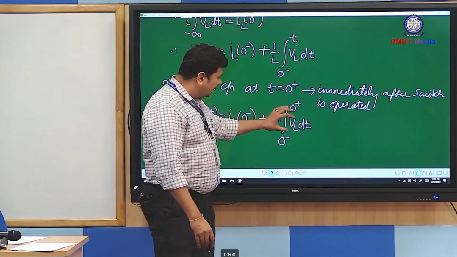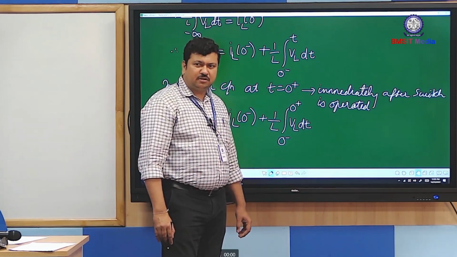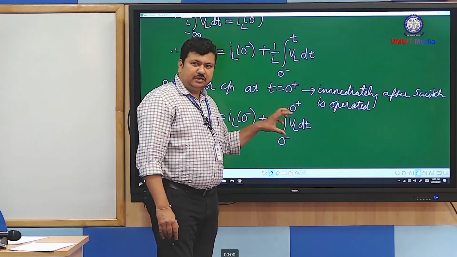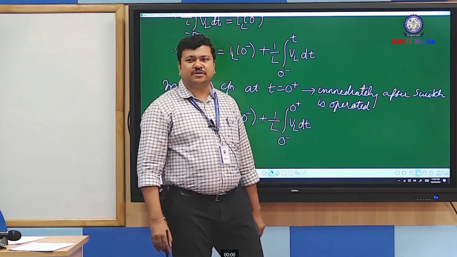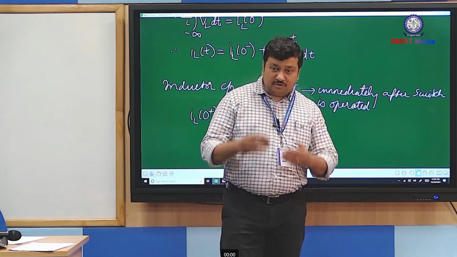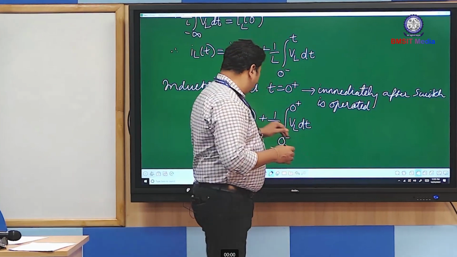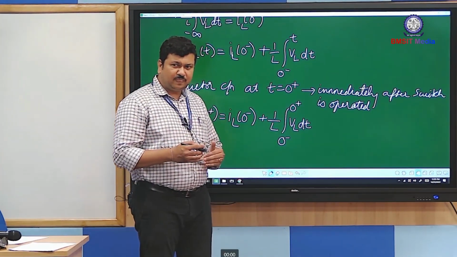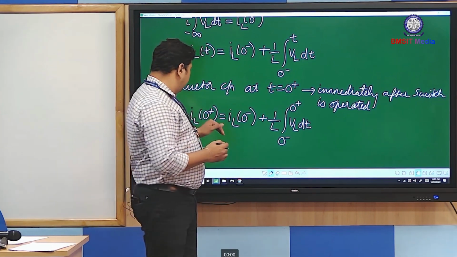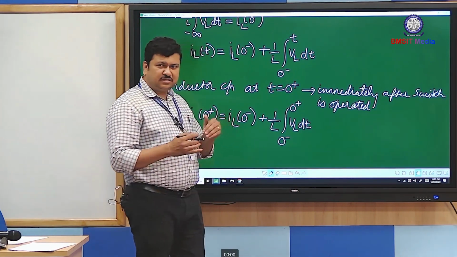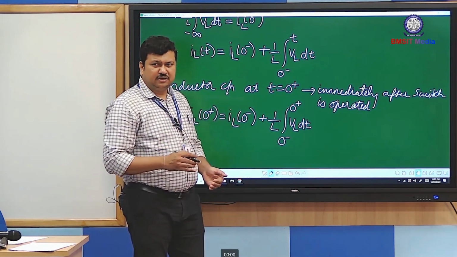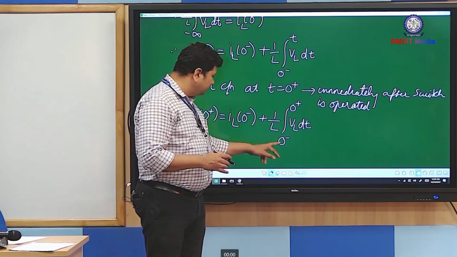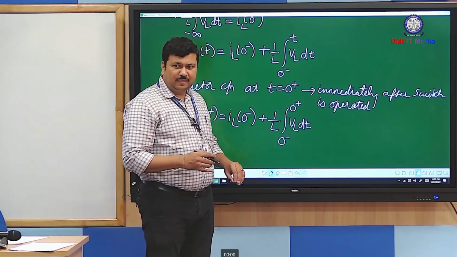Now what is the second integral term telling me? It is telling the current during the switching operation. During switching, IL of 0 minus is the current just before switching, and IL of 0 plus is the current just after switching. If you see the integral of the second term, the integral is from 0 minus to 0 plus.